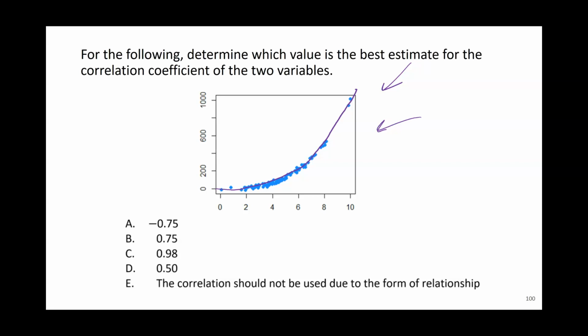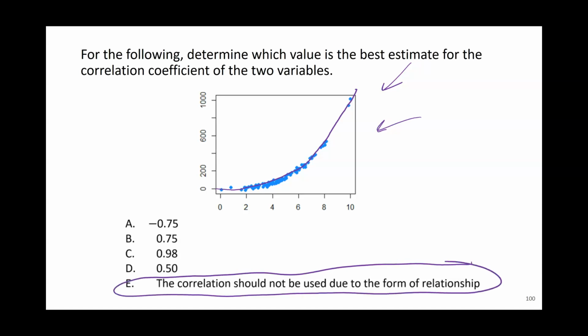We wouldn't want to fit a line to it. If this is a curve, you can jump straight to, we shouldn't be using the correlation coefficient because it's not linear. Some people would still fit a line to it. This is actually a fairly strong positive relationship, but it really ought to have a curve fit to it, not a line.